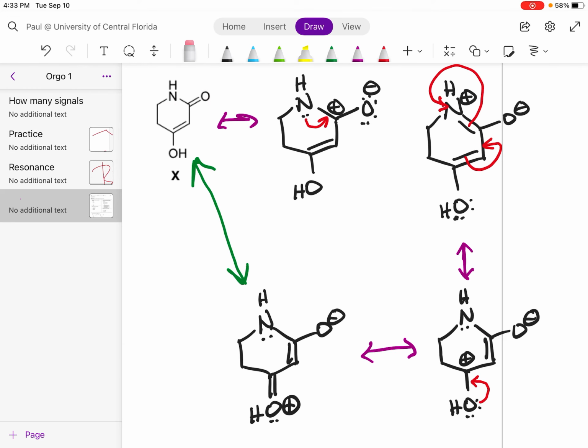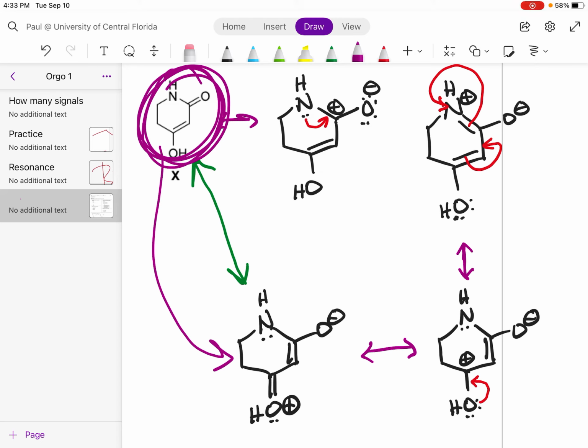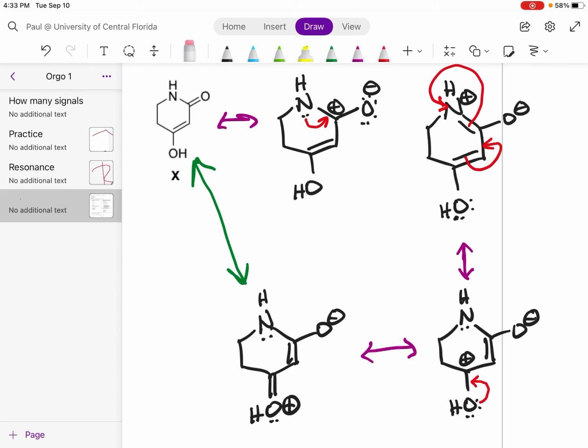Okay, so let's make sure I'm abundantly clear here. We're starting with this molecule, and if I ask you to start from there and show with your mechanistic arrows or your resonance arrows how you go from this structure to that structure, could you show the flow of electrons on how that happens?